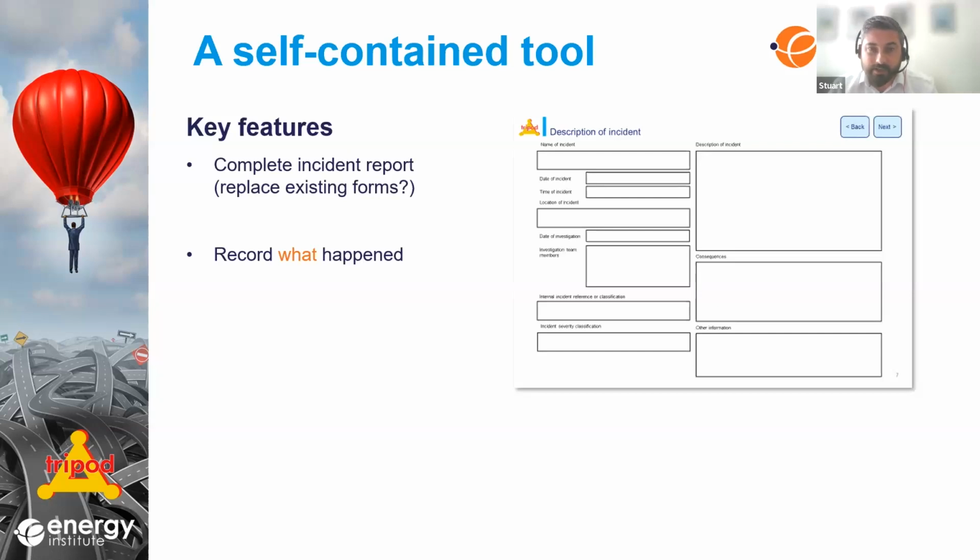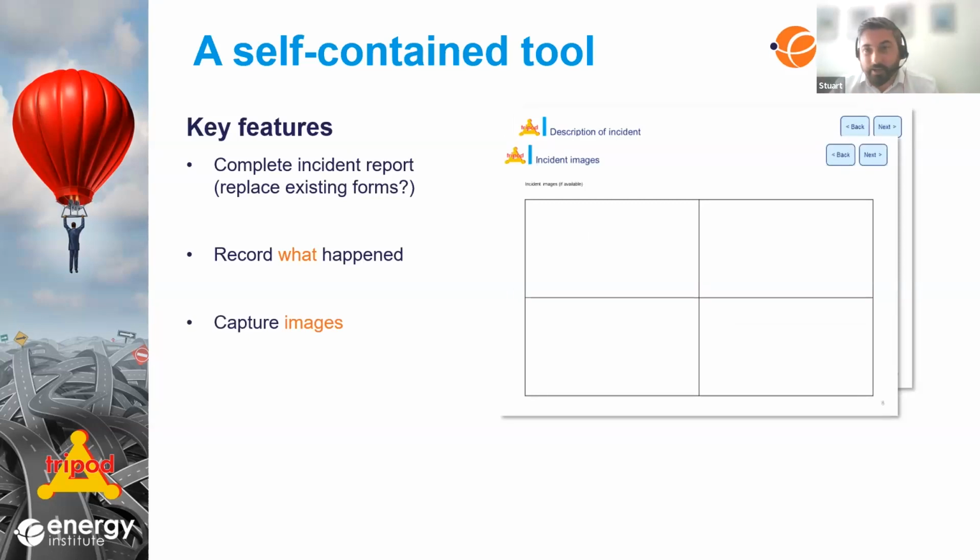The typical information that you might expect in an incident report. So description of the incident, the time it happened, who investigated it. The classification, if you're going to classify it by severity, consequences, etc. And within the PDF itself, you just write the information straight into the PDF. So the idea is the PDF acts as your report, and you just write everything straight into that PDF, save it, and that's your incident report.